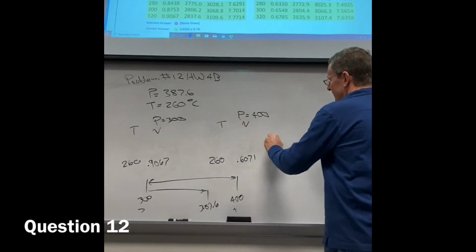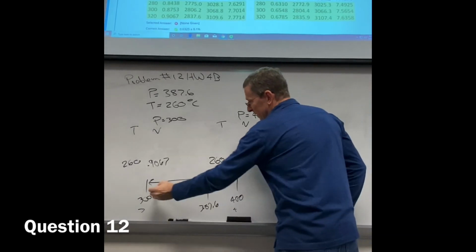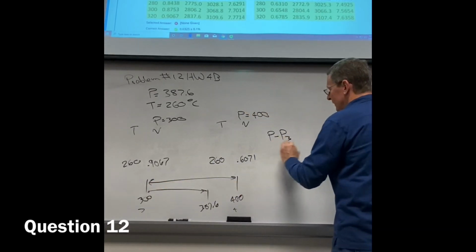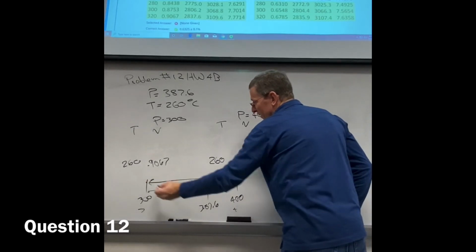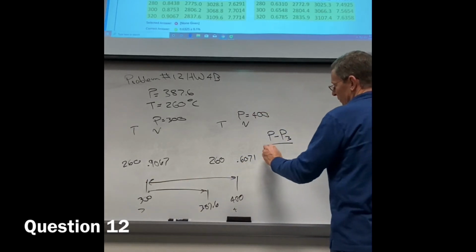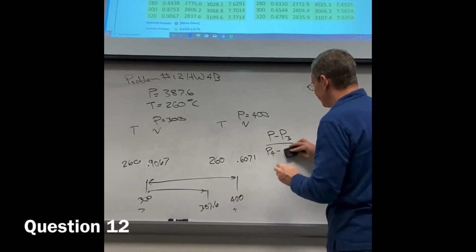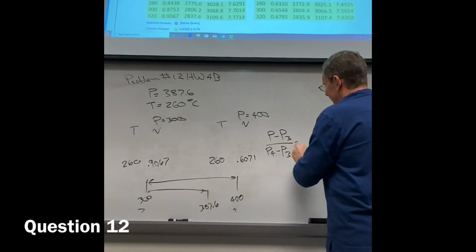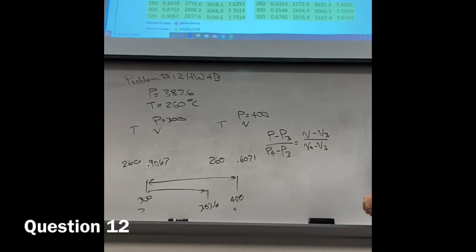So I'm going to put (P minus P3) divided by (P4 minus P3), which will give me a ratio between 0 and 1, and that is equal to (V minus V3) over (V4 minus V3).